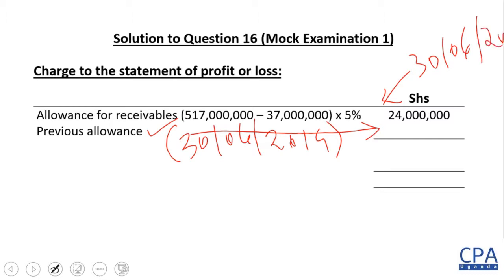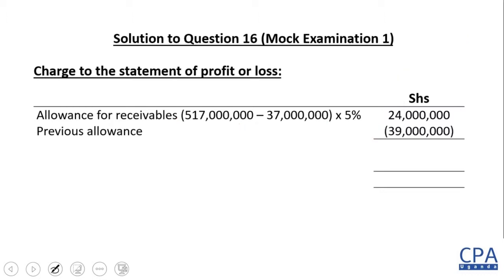I deduct the allowance of the previous year to determine whether I have an increase or decrease. Your guess is as good as mine. You can see that there is a decrease in the allowance. So the decrease in the allowance is going to be recognized in the statement of profit or loss as an income.